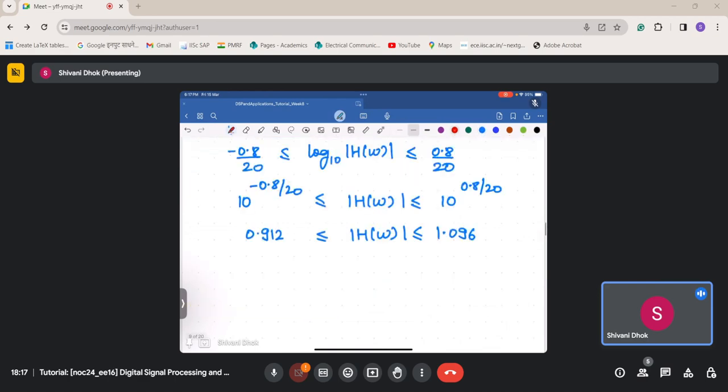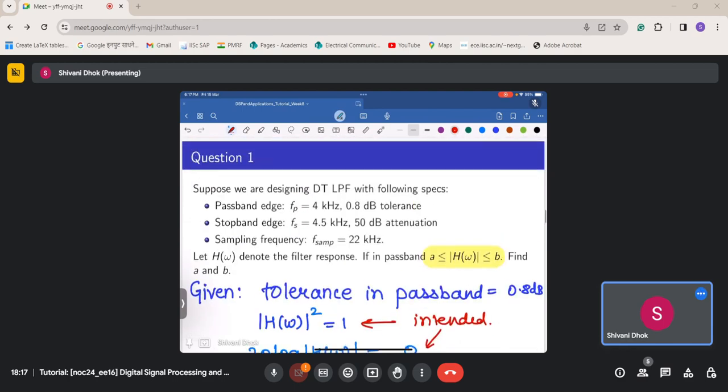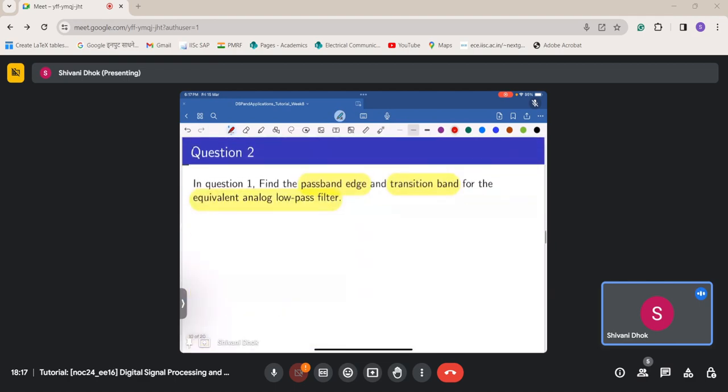The specifications given to us here are in the analog domain, but these are not what we shall use, because tan is a non-linear function. So we will have some sort of pre-warping coming up.